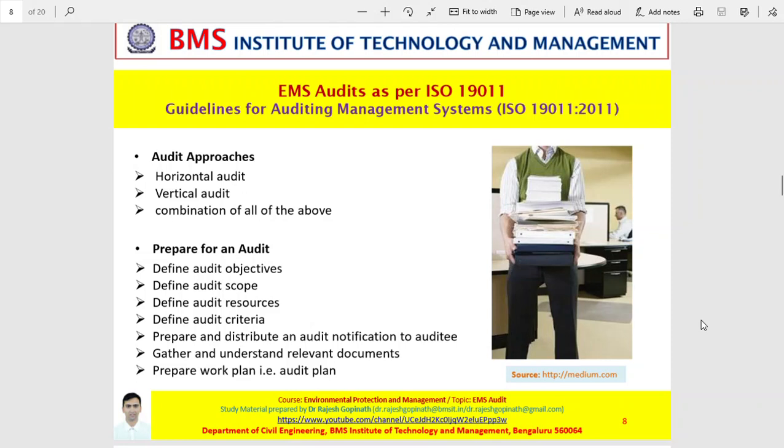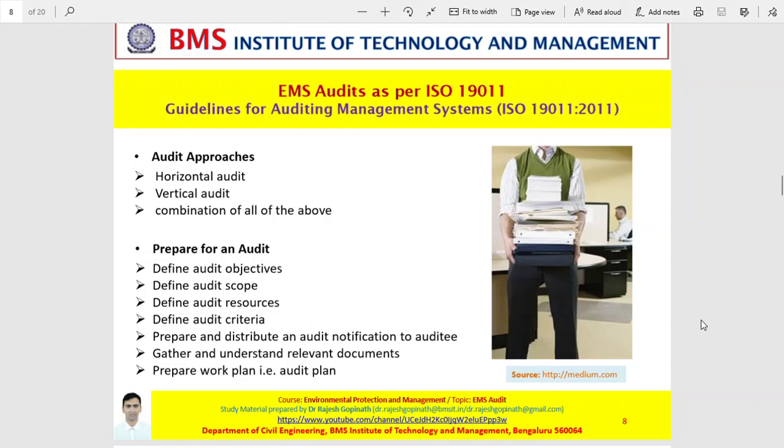For instance, to give an example, taking an education system in an engineering college, a vertical audit is wherein you audit the processes right from the management to the principal, to the dean, to the head of the department, to the faculty.